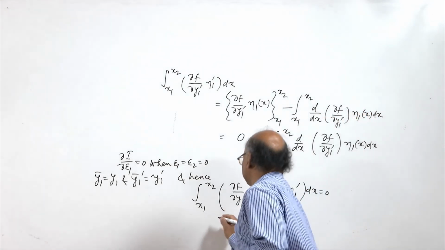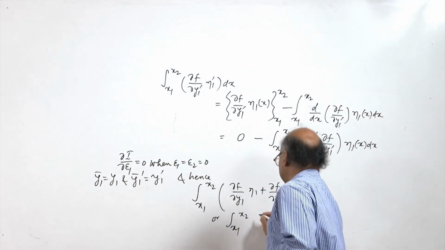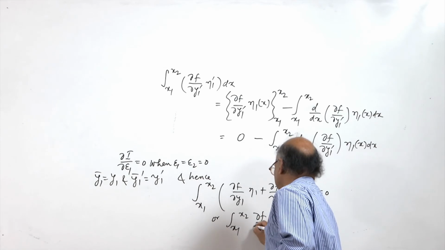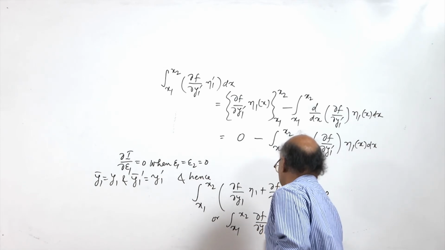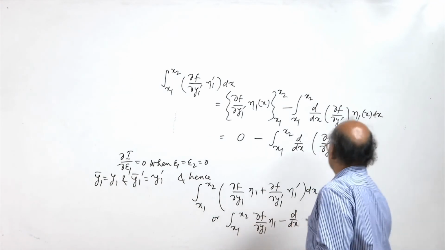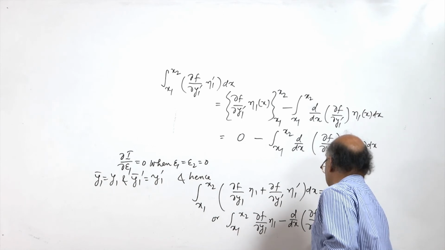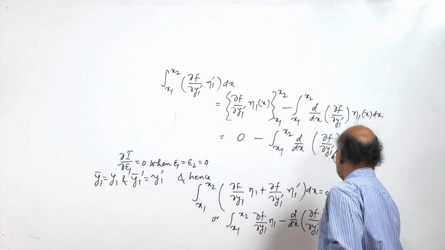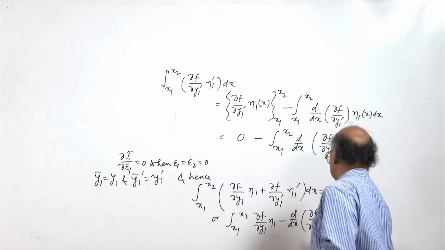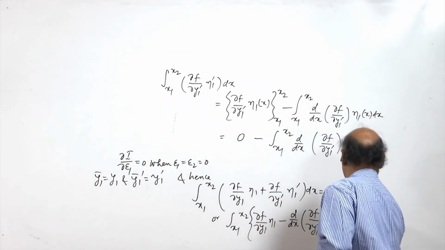So this gives us integral x1 to x2 of delta f over delta y1 eta 1 minus d over dx of delta f over delta y1 dash eta 1, and we get this.